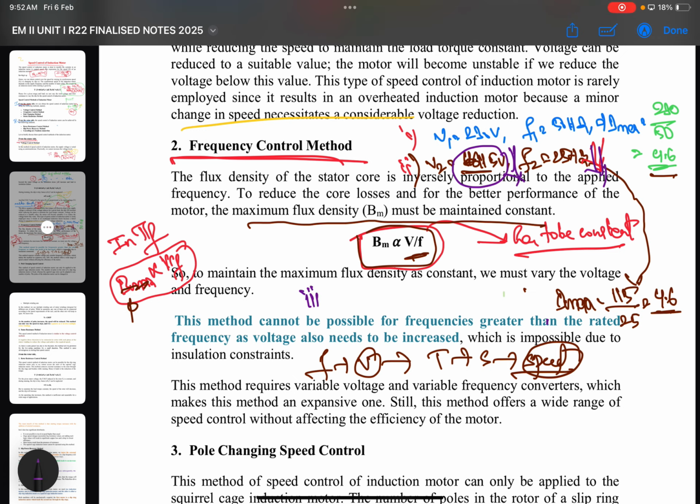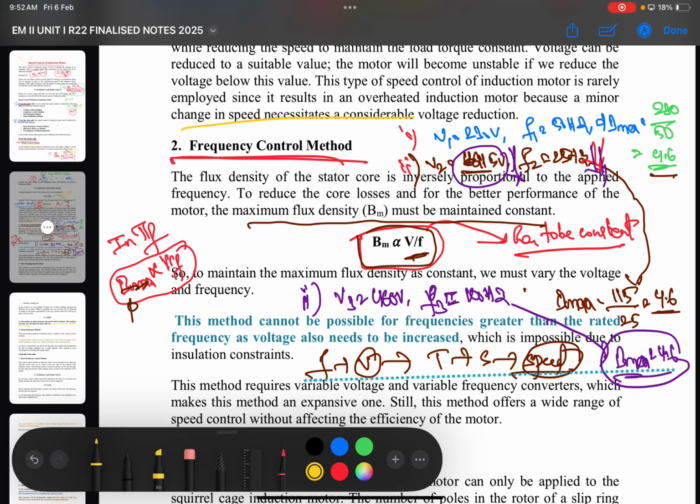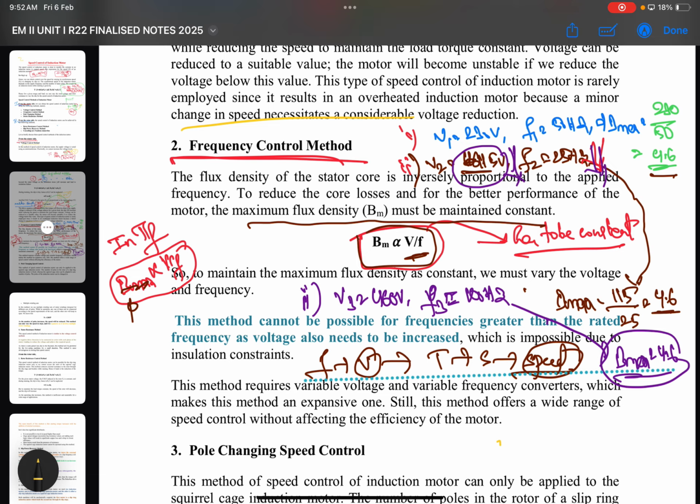Now, can I do the same with V3, which is equal to 230 into 2, that is 460 volts, and F3, 50 into 2, 100 Hz? For this also, Bmax will again be 4.6. Can I use this combination? Yes or no? As per the theory concepts, Bmax is constant, so there is no issue in using it for speed control.